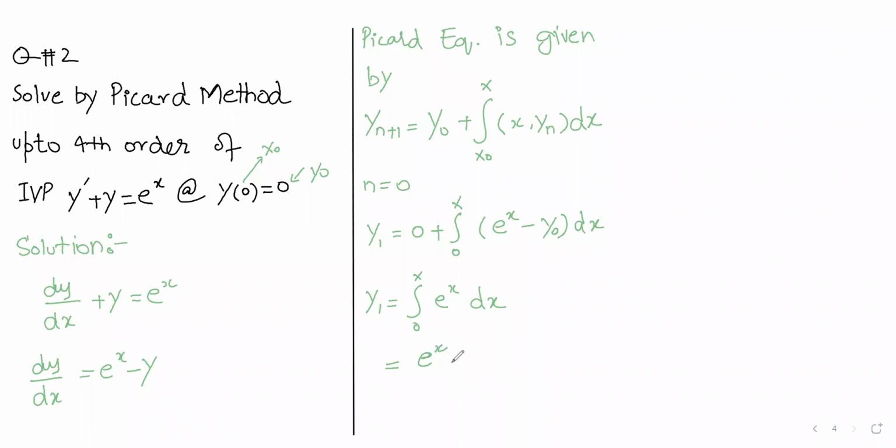Y1 will be e^x, and then 0 to x. And then we put e^x minus e power 0. So e power 0 is equal to 1, right? So we can say that y1 is equal to e^x minus 1, right?